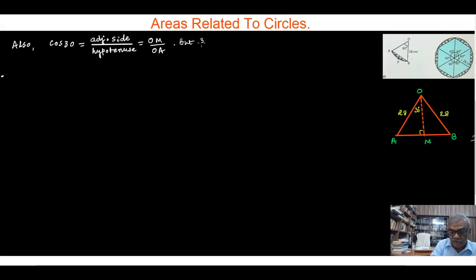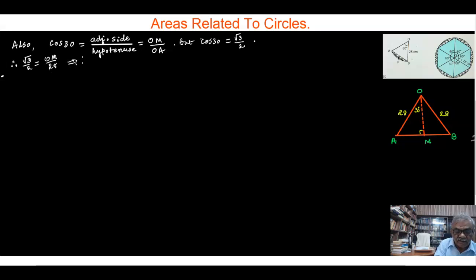Cos 30 equals root 3 by 2, and therefore root 3 by 2 equals OM by 28.